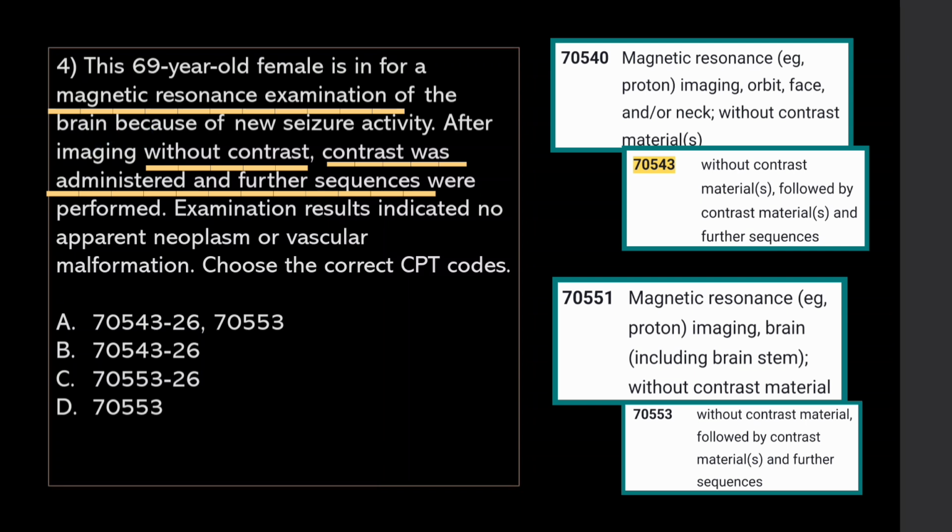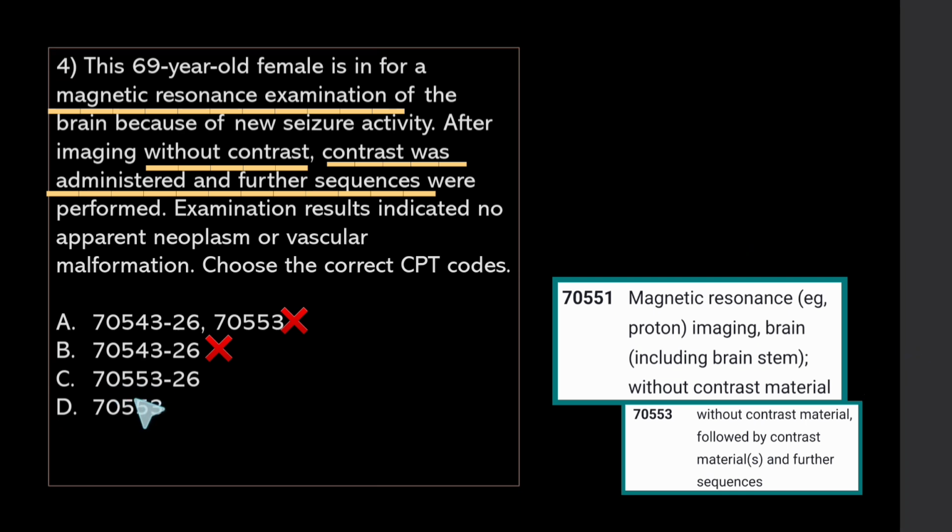Therefore, the right code will be 70553 based on the anatomic location. We'll eliminate option A and B because the code 70543 is only for the anatomic locations orbit, face or neck. They have not mentioned brain. So we have to eliminate option A and B. The code 70543 is wrong.